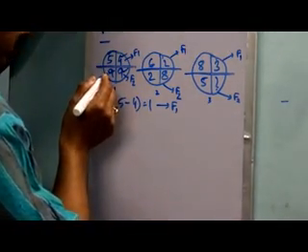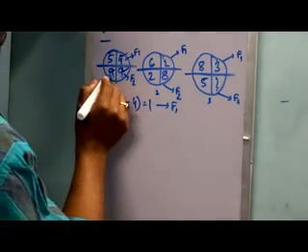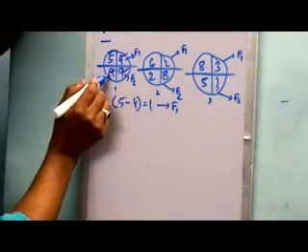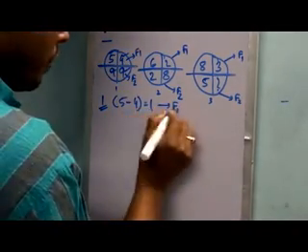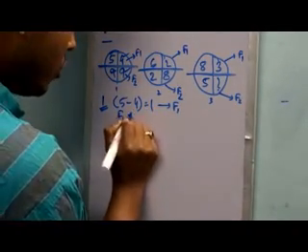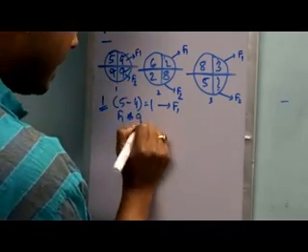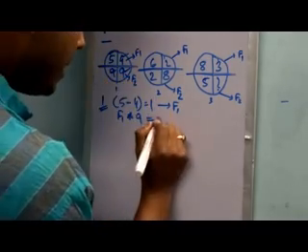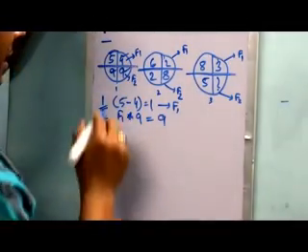so similarly, if we see this as the top left corner digit and this 9 as the top right corner digit, so F1 into top left corner digit, that is 9, equal to top right corner digit. So F1 into 9 equal to 9.